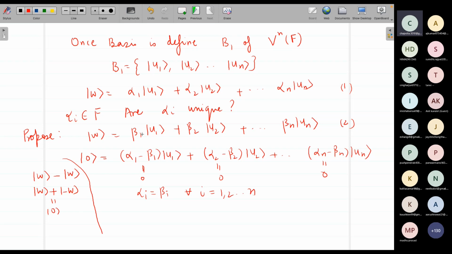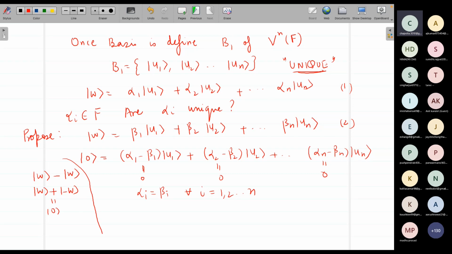So this basically confirms that any general vector will be written as a unique combination, not any combination, unique combination of the basis vectors. Once the basis is defined, the coefficients alpha 1, alpha 2, alpha n are unique, which means what?